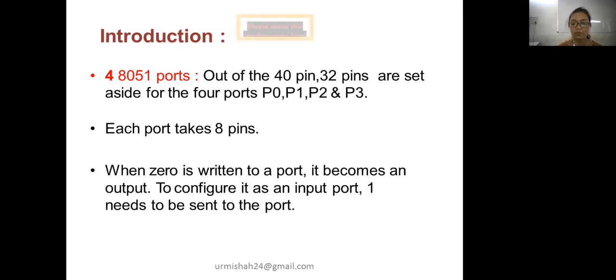And input port means you are reading data from the IO device into the memory of the controller. Both are reverse processes. When 0 is written on the port, your port will be treated as an output port, and whenever you are writing 1 or you are setting your port, at that time the port will be treated as an input port.